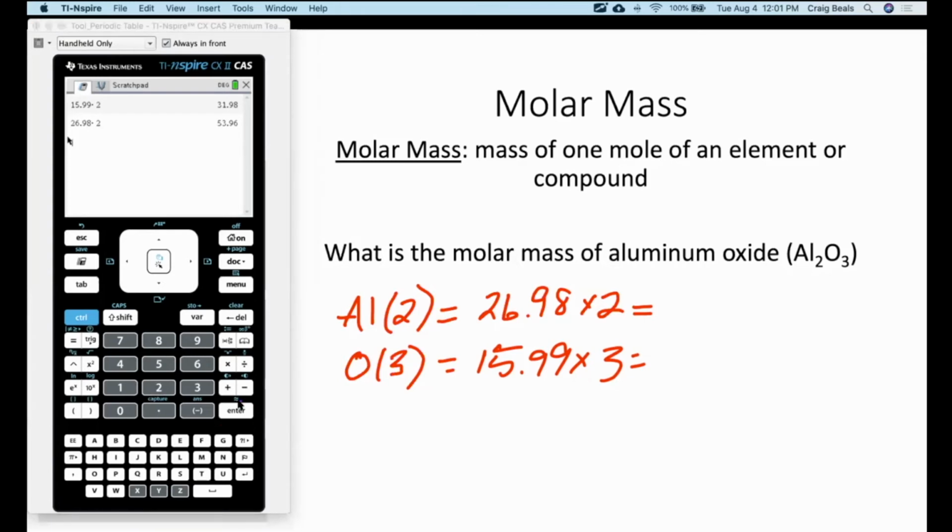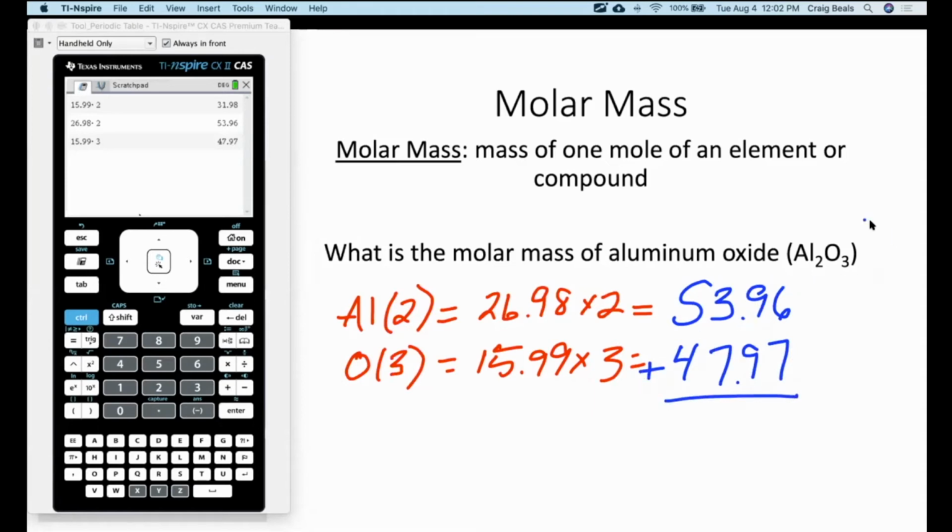53.96. Okay, 53.96. Then we've got 15.99 times 3. 47.97. All we have to do then is add these up, and that will tell us the mass of that molecule, or the mass of 1 mole of that molecule.